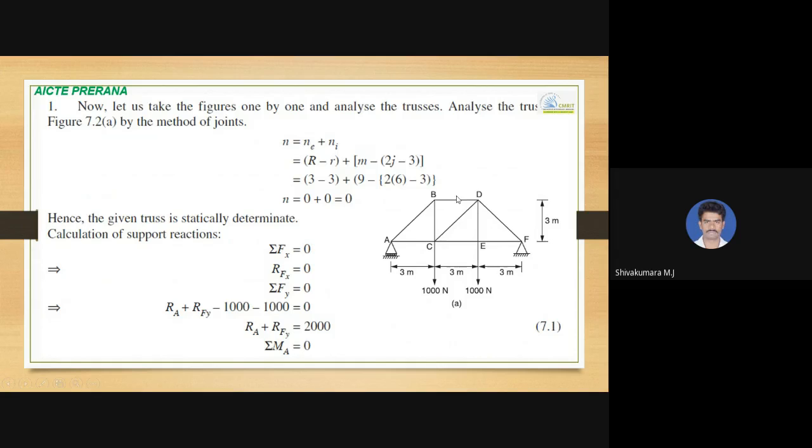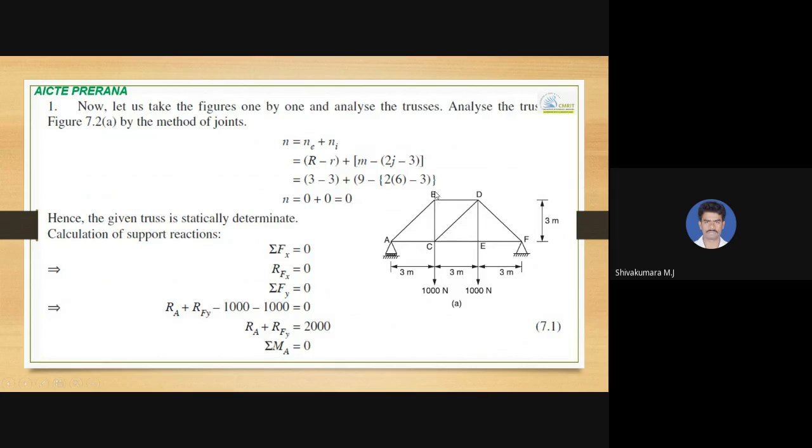Only two unknowns are here. When you see this joint C, the member force AC we have, but member force CB, CD, CE we do not know. So more number of unknowns are there at joint C. So it is good to choose joint B rather than joint C.